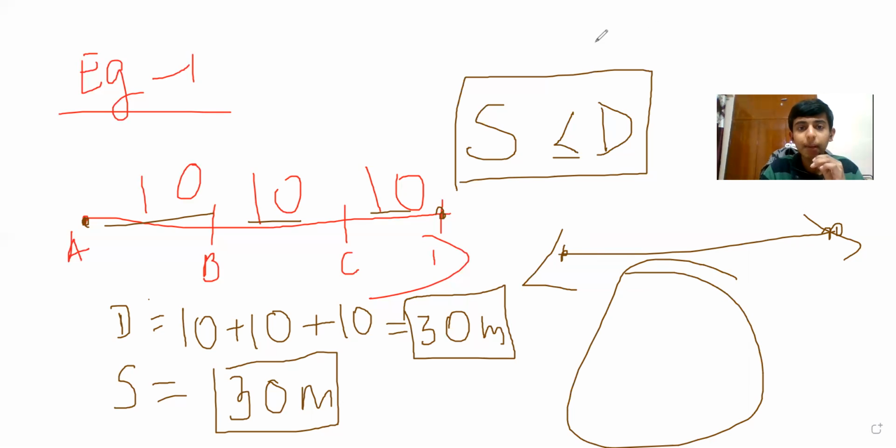Now let's move to example number 2. Let's see what we have in example number 2. So we have this, let me use a line. And now it is somewhat like this. This is the figure.